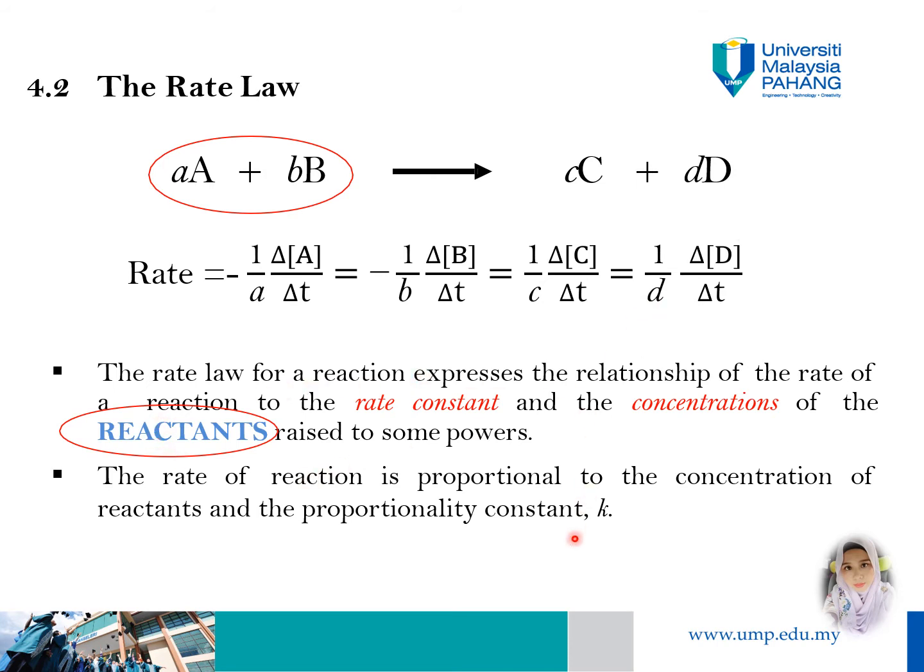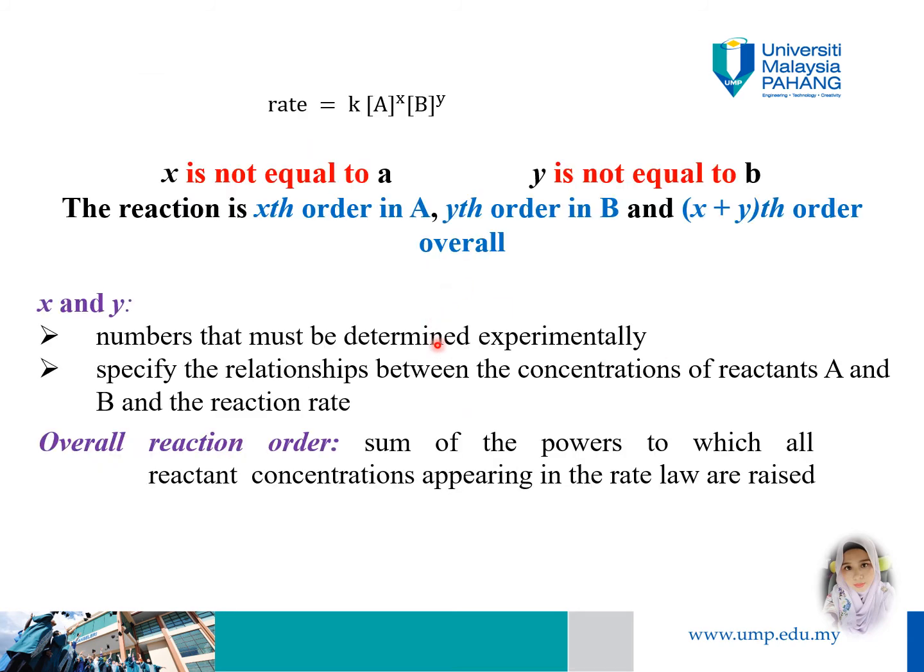The rate law for the reaction expresses the relation of the rate of reaction, the rate constant, and the concentration of the reactants raised to some power. The rate of reaction is proportional to the concentration of reactant and the rate constant. So rate = k[A]^x[B]^y, where x is not equal to a, the stoichiometric coefficient of A, and y is also not equal to b.